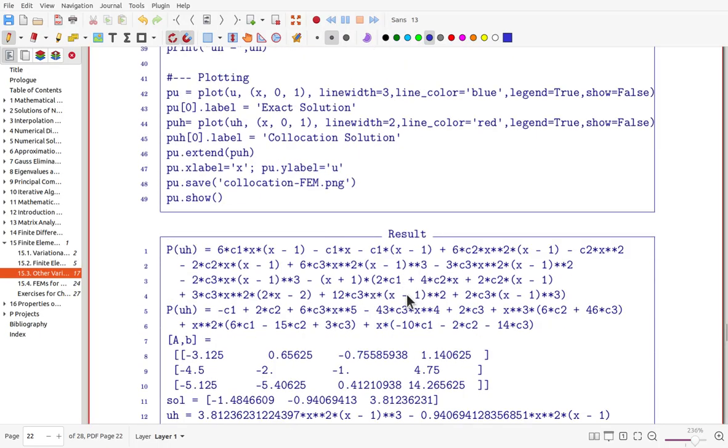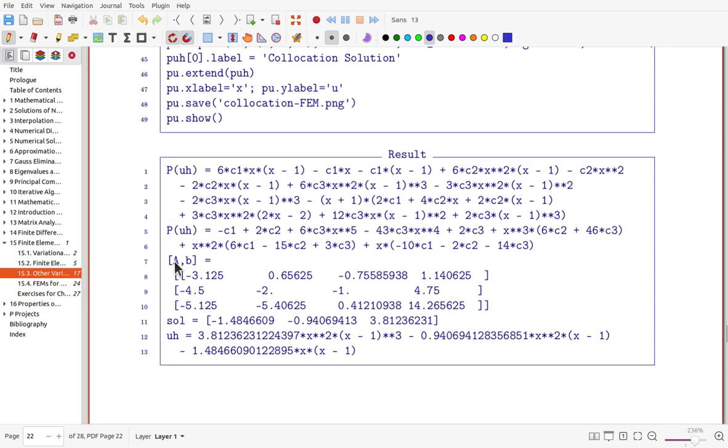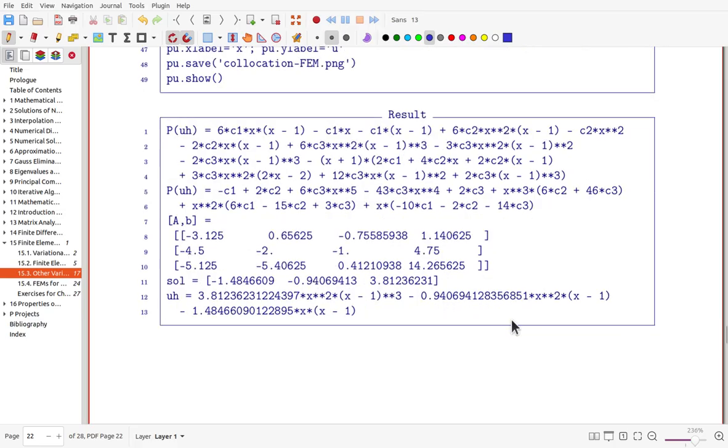Here, that is P of u_h. It is a bit complicated. After simplification, we reach this one. Now that is A, and for each point one row is made, and along with this one, we can get the solution.